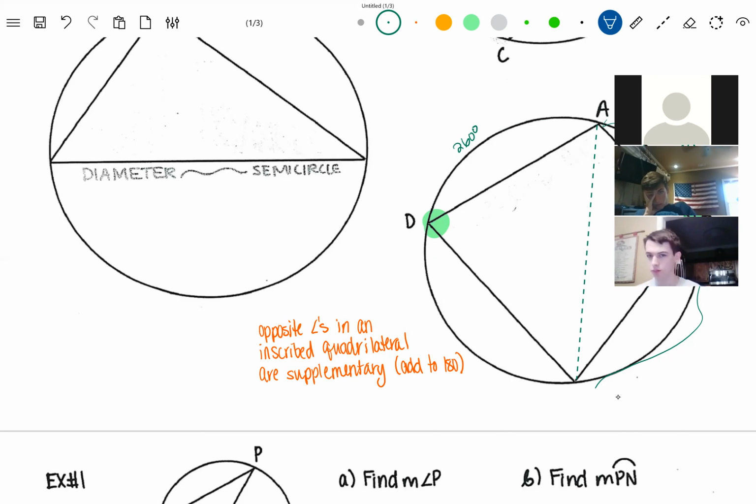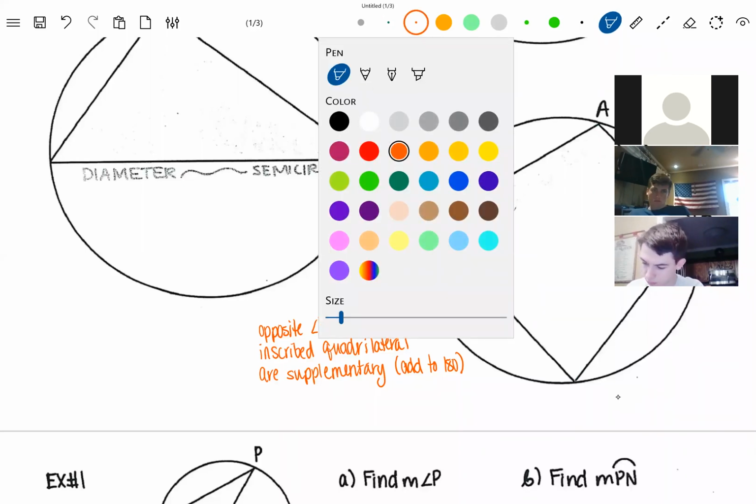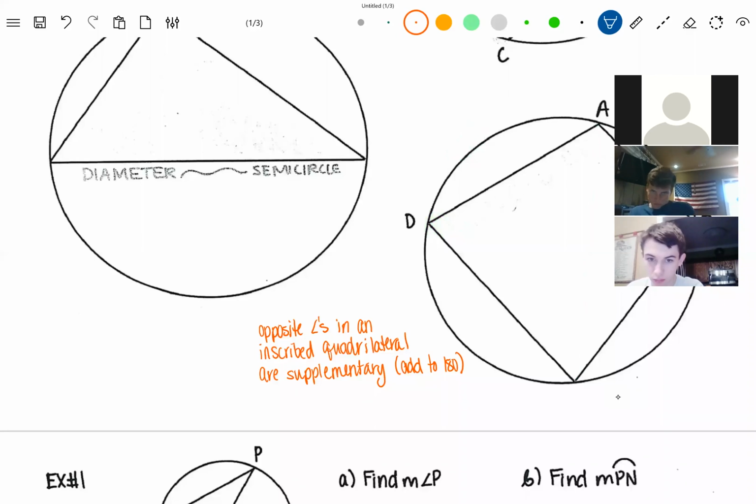Angle B intercepts this 260 degree arc, so angle B would be 130 degrees. Angle D intercepts this 100 degree arc, so it would measure 50 degrees. You can see that those are supplementary. Those add up to 180 degrees. So if you have an inscribed quadrilateral, the opposite angles are going to be supplementary.